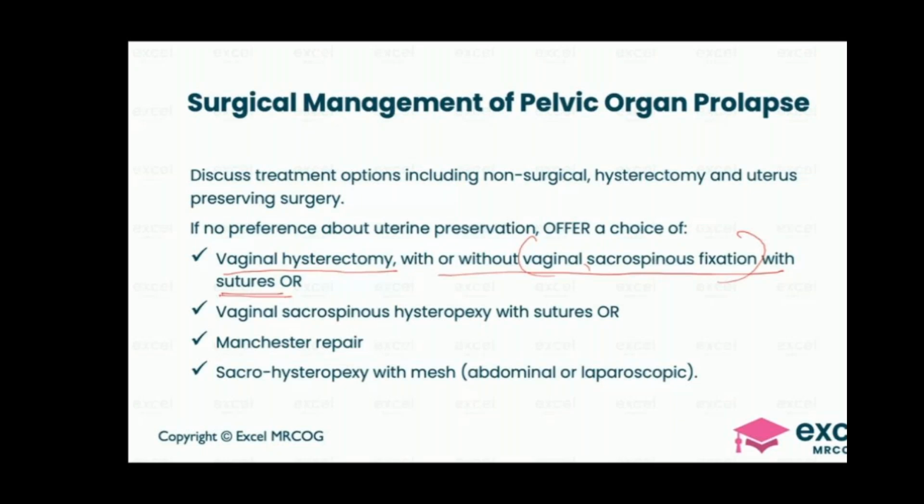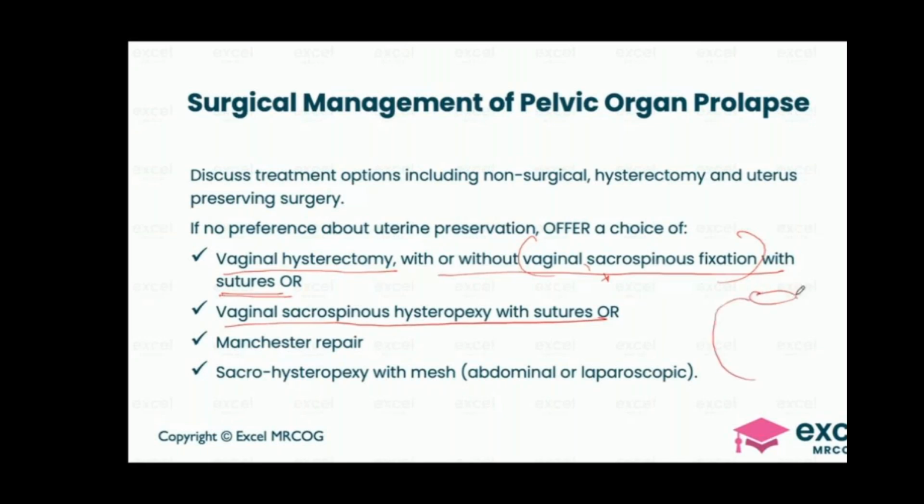You fix the vault vaginally. You can do vaginal sacrospinous hysteropexy with sutures if the patient wants to retain the uterus. So you go posteriorly. It's like it's the pelvis.